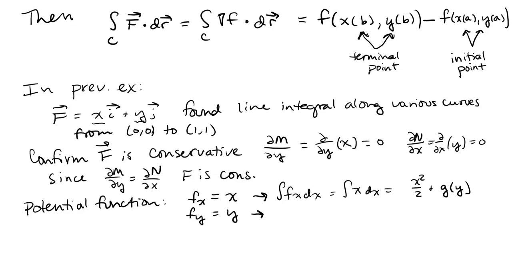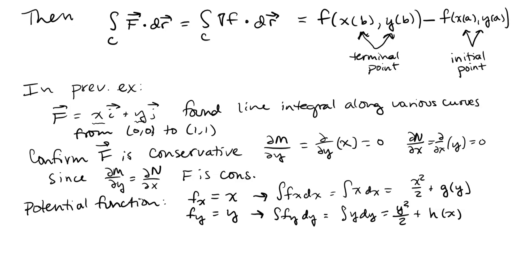And then let's take the integral with respect to y as well, and then just compare and see if we can identify those constant functions. So this is going to be the integral of y dy, which is going to be y squared over 2 plus some function, let's say h of x entirely.